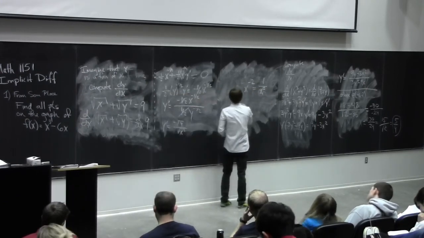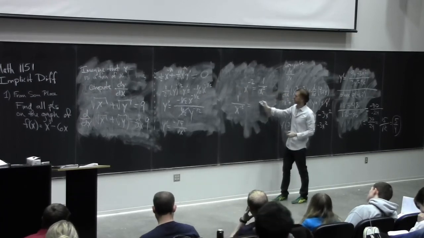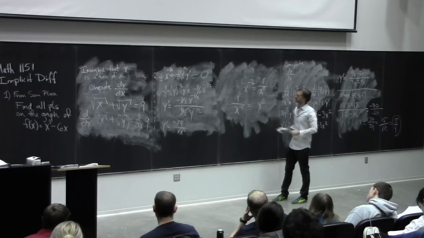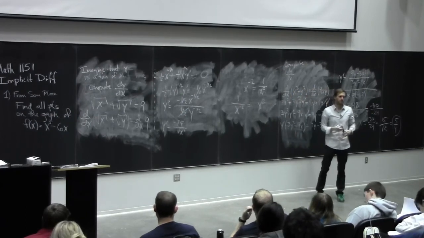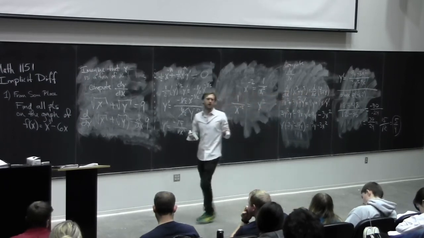So 1 over x to the minus 2 is going to be x squared. Is that okay? All right.